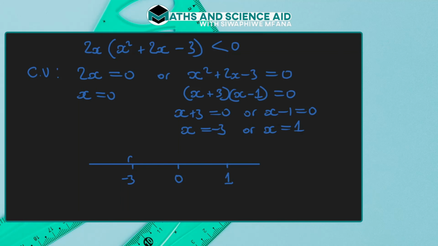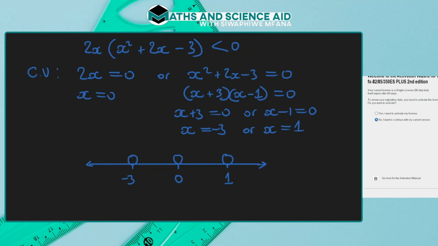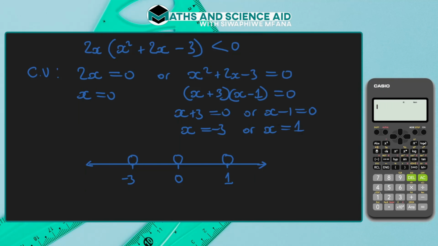So these are the critical values, the values where our equation is equal to 0. And now what we need to do is plug in values that are going to fall within each of these intervals, and then determine the sign of our equation. And this is what I mean.